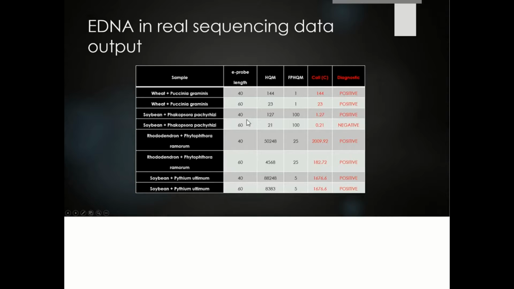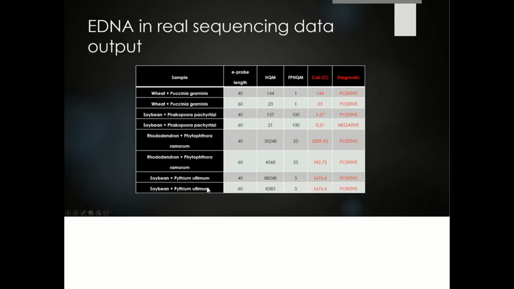Whenever we use Phytophthora, with 60 it's negative and with 40 it's positive. That's why with eukaryotic plant pathogens we can use multiple eProbe sets. One might call you positive and one might call you negative depending on the alignment. For Phytophthora ramorum, we have 2,000, very positive.